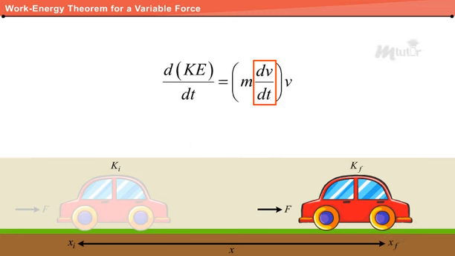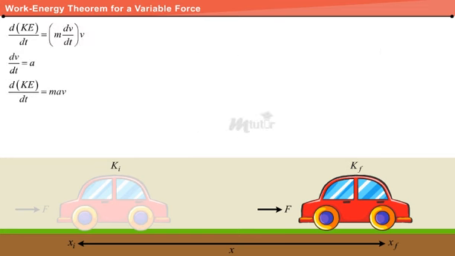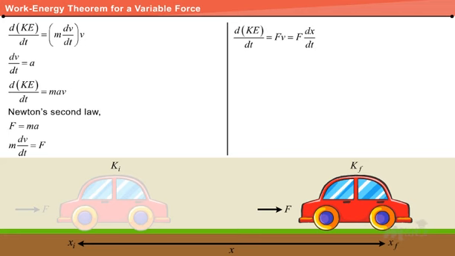On the right side of the equation, we know that dv by dt is the rate of change of velocity, which is the acceleration of the body, a. Thus we get dKE by dt is equal to m a v. However, according to Newton's second law, F is equal to ma. That is, m dv by dt is equal to F. Therefore dKE by dt is equal to Fv.